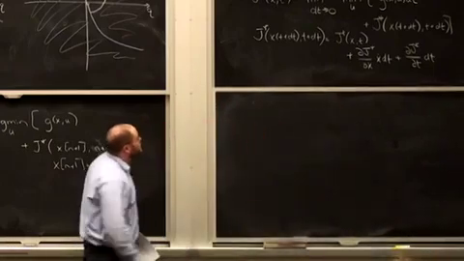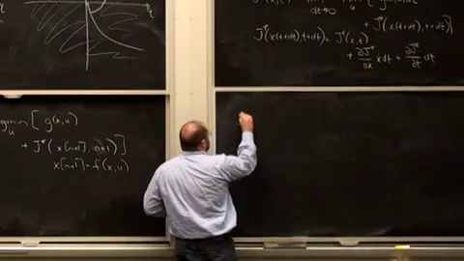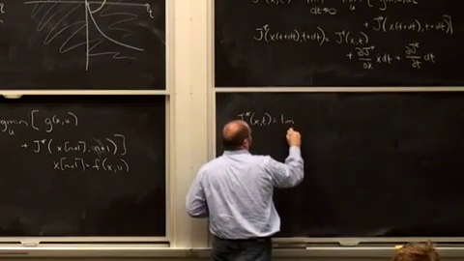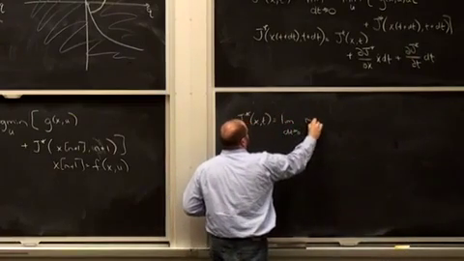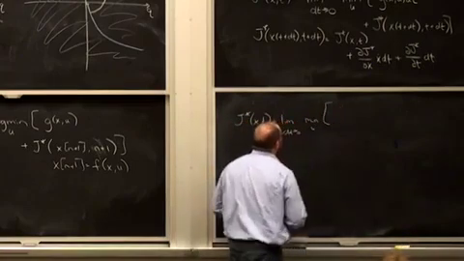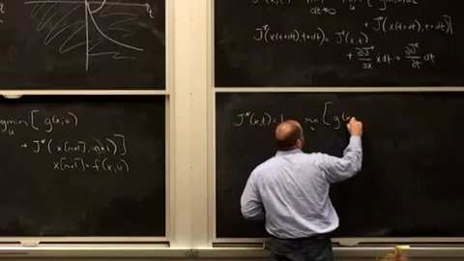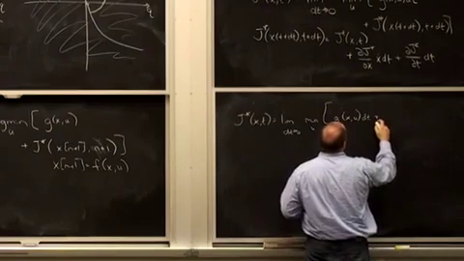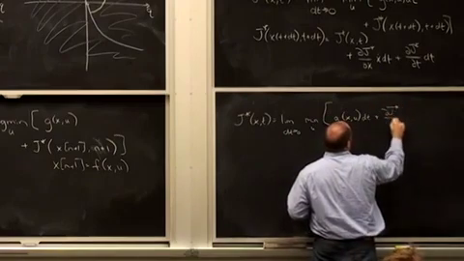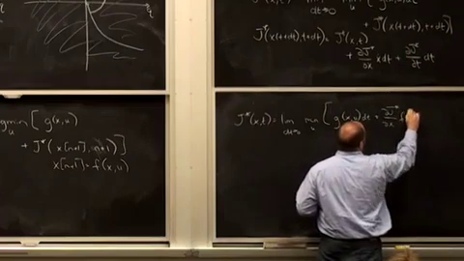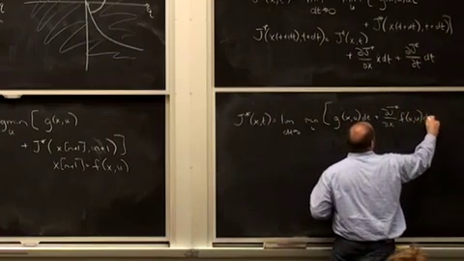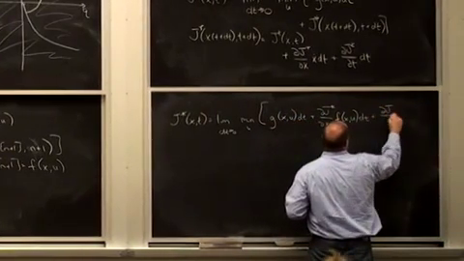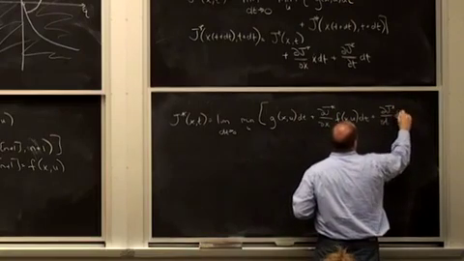If I insert that back in, then I have J star(x,t) equals the limit as dt goes to 0, min over u of g(x,u) dt plus partial J star partial x, x dot is just f(x,u), remember, dt plus partial J partial t dt.